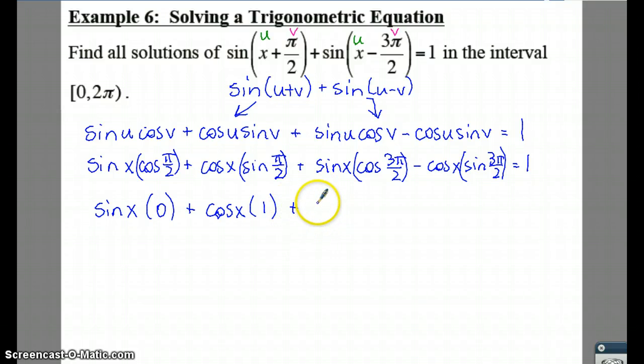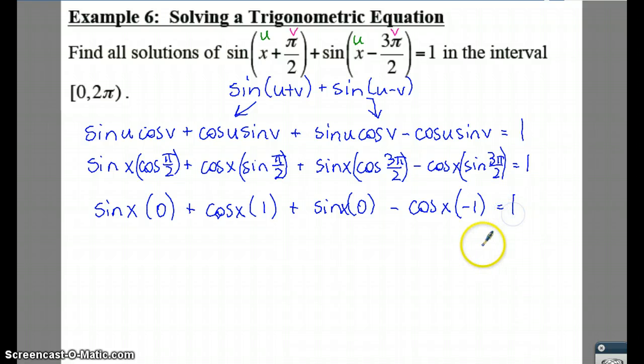Then we have a sine of x times your cosine of 3 pi over 2, and that's a 0. And then we have minus the cosine of x times your sine of 3 pi over 2, that is a negative 1.